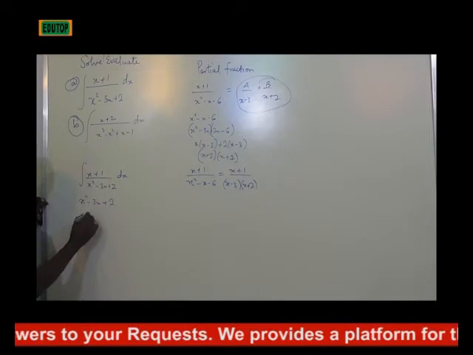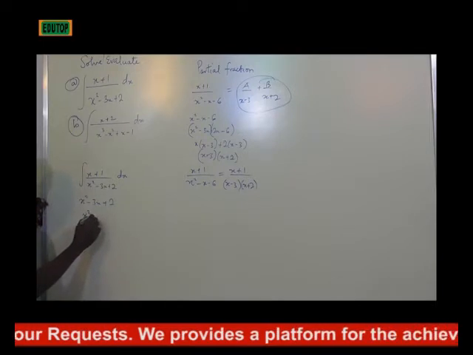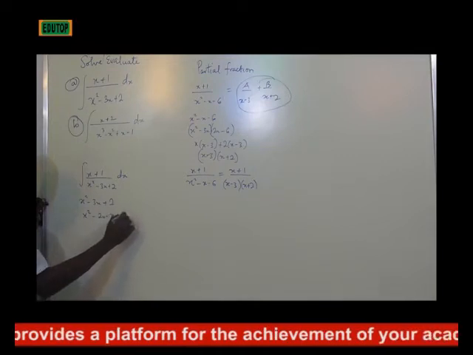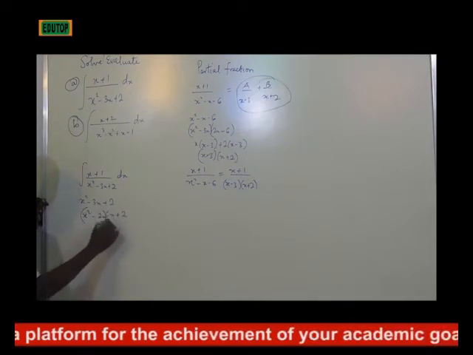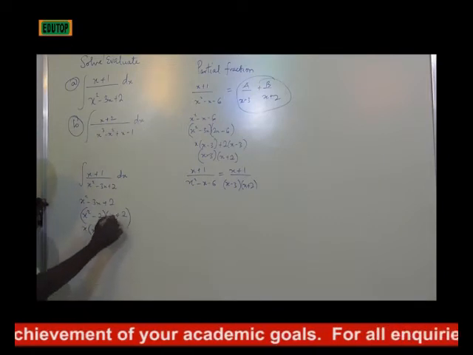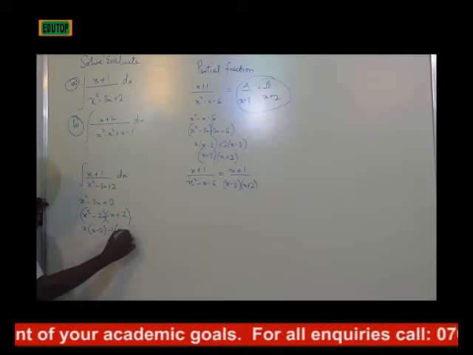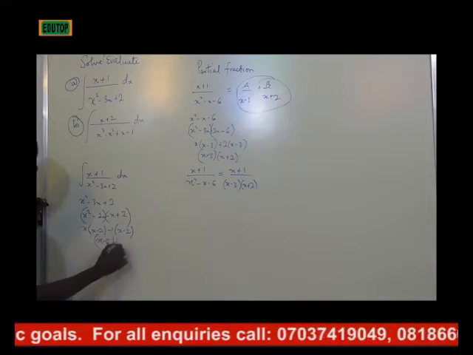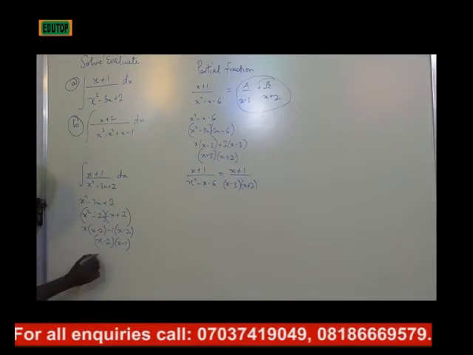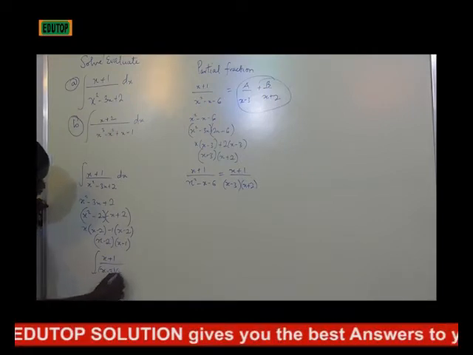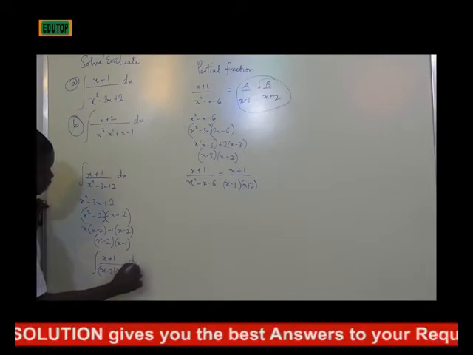Then we have x squared minus 2x minus x plus 2. And this one will give us x is common, x minus 2, minus 1 is common, x minus 2. Then we'll have x minus 2, then we'll have x minus 1. That means we can rewrite this as x plus 1 over x minus 2, x minus 1 dx.